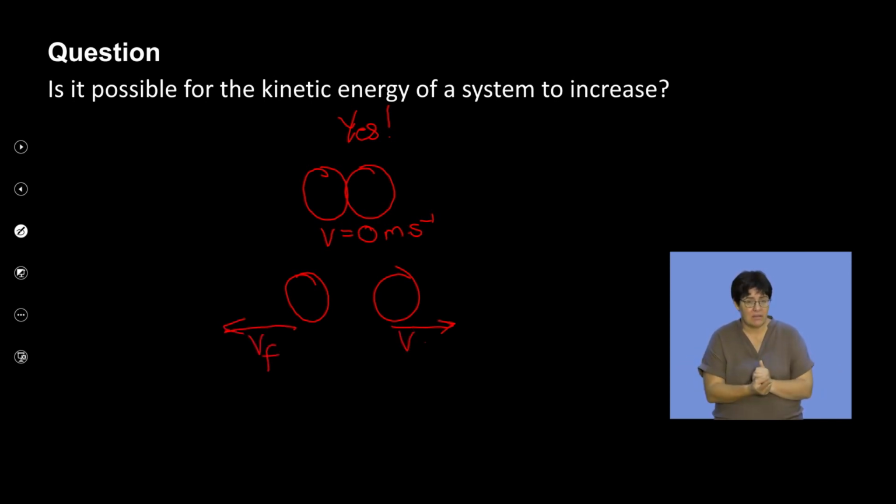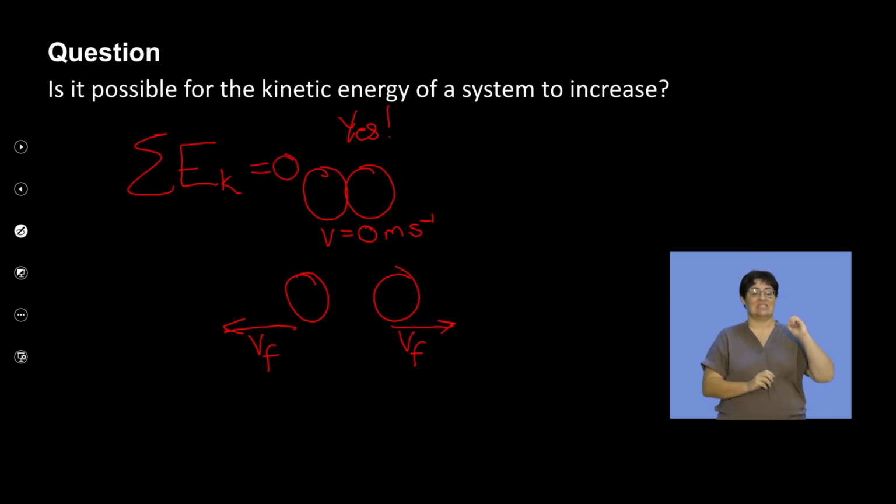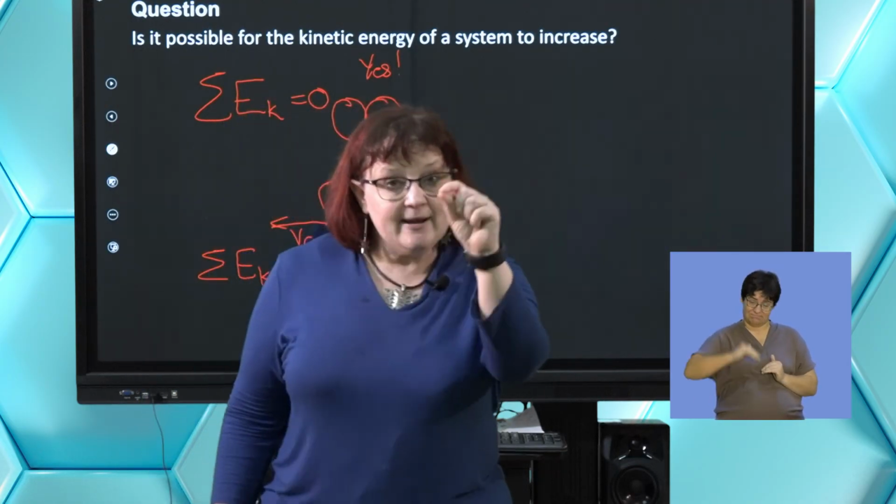Now, they both have a kinetic energy. It doesn't matter that they're in opposite directions, because remember, it's a square. So my kinetic energy is 0 at the beginning. Now, it absolutely is going to have a kinetic energy. That should actually be bigger than 0. It's going to increase.